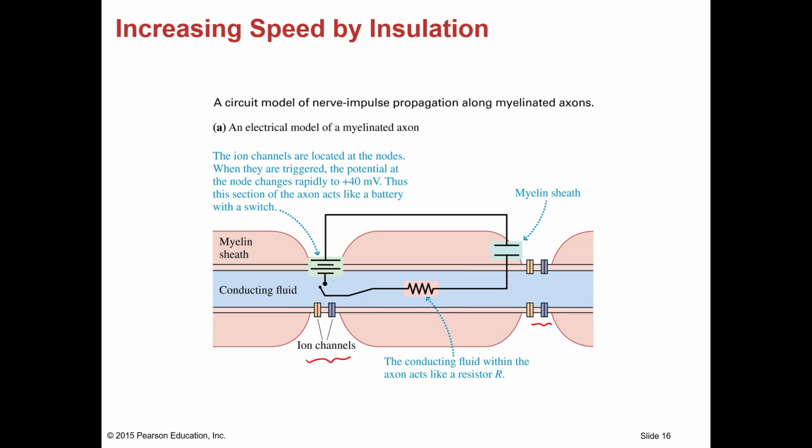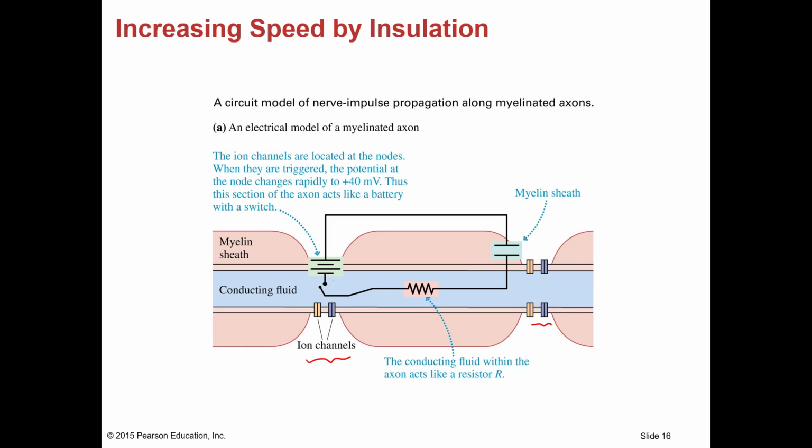So that's why we can model the part where there is a high concentration of ion channels as a battery, because a battery produces potential difference. Battery is the source of potential difference. So we can model those channels as batteries.